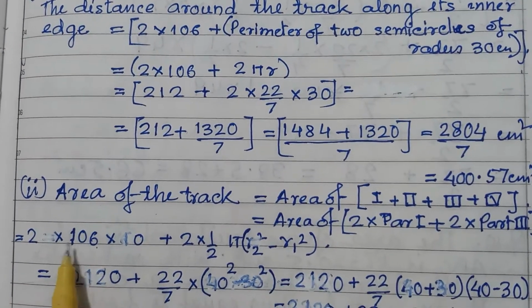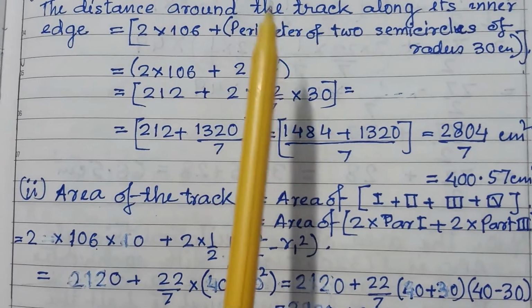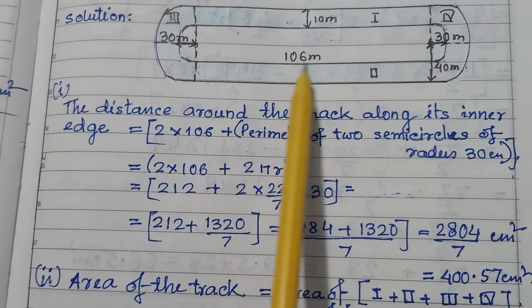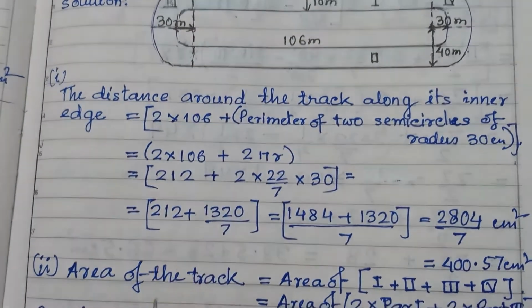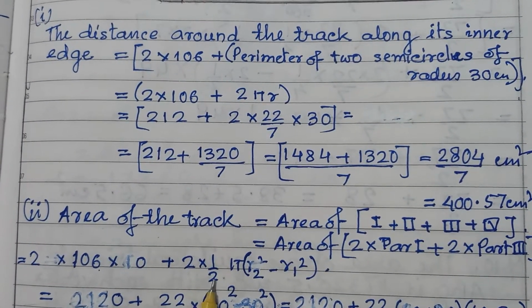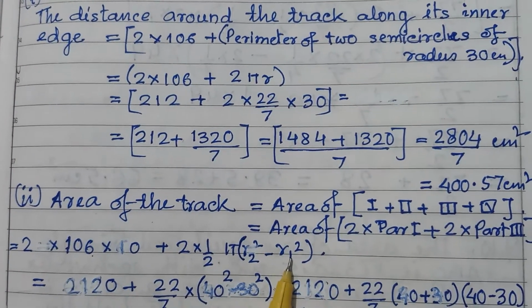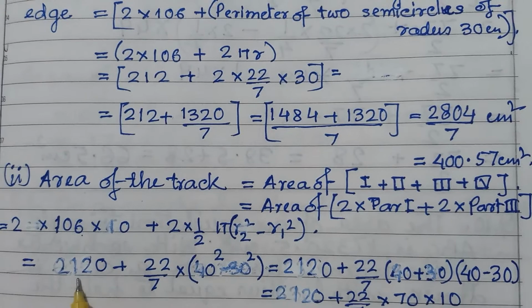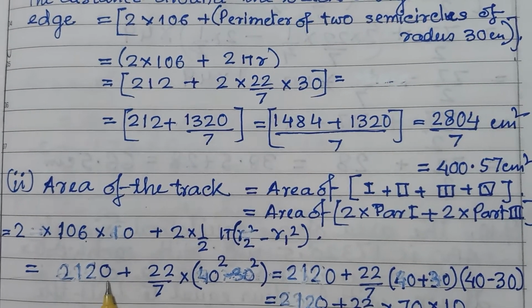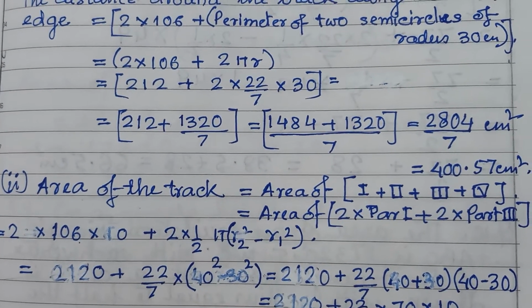2 into the first part is length into breadth, 106. See the figure, it is a rectangle. The width is 10 and the length is 106. So length into breadth is 106 into 10, and plus 2 into half pi, r2 square minus r1 square. If you multiply this, it is 2120 plus 22 upon 7 into 40 square minus 30 square.